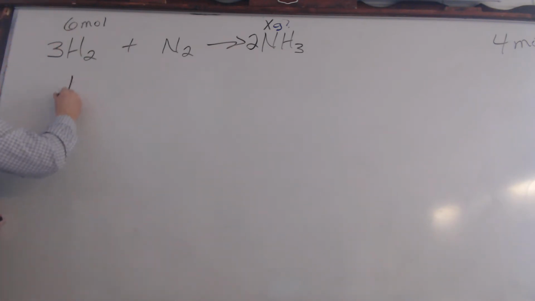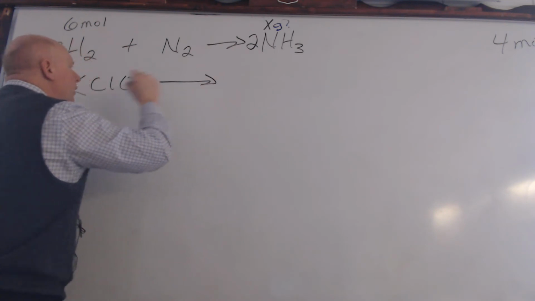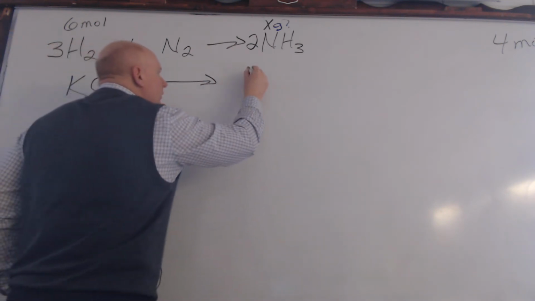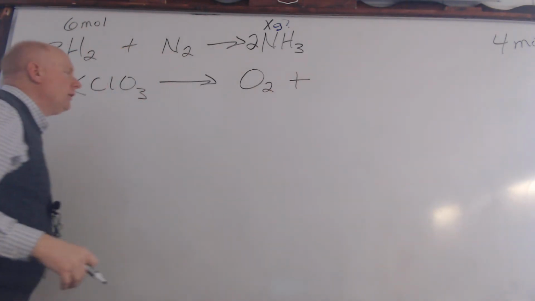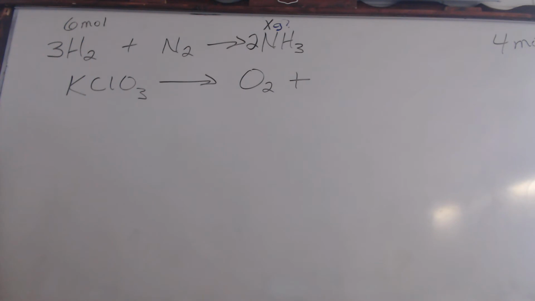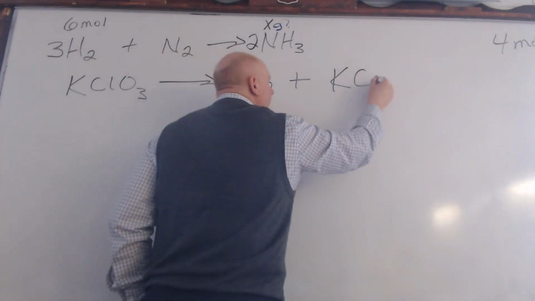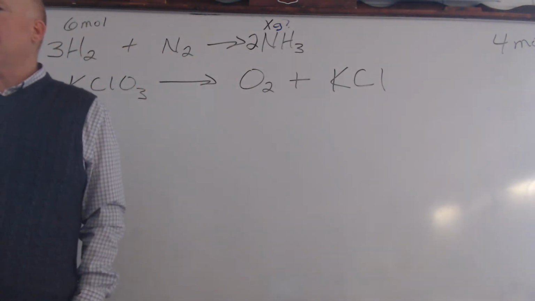Okay, so KClO3. So if we're going to decompose that, I'll give you a little bit of a clue. What do you think might be left over? Yep, potassium chloride. Wouldn't expect you to know that. That's why we're working on that together.